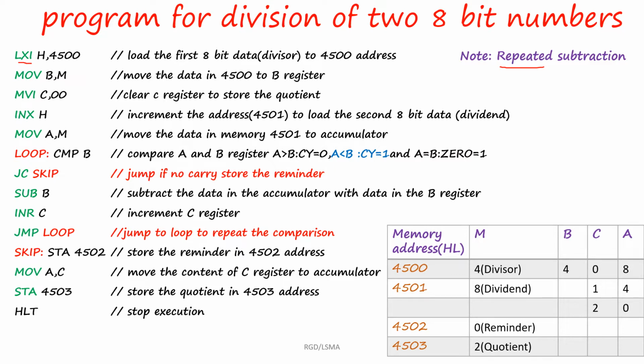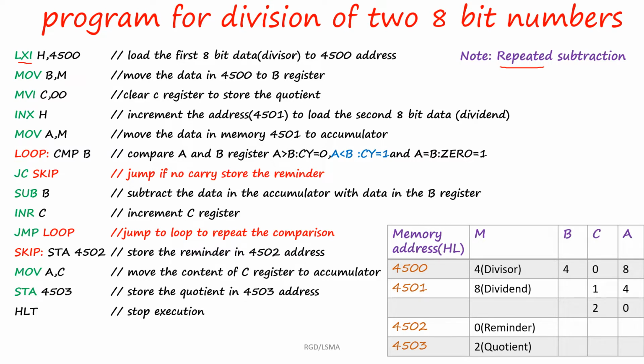H is nothing but the HL pair, but you cannot see the L here; in the instruction set, the mnemonic given by the manufacturer is H. The H stands for the HL pair. Only a pair of registers can store 16-bit data. So I'm going to use the HL pair and load my address 4500.